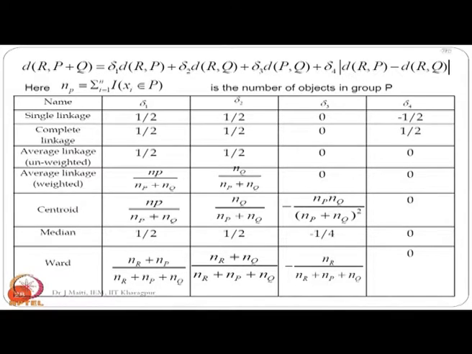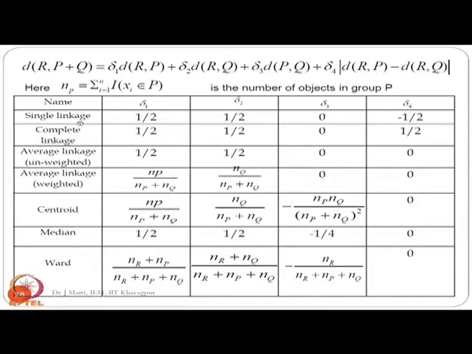Then how do you get the distance between R and the joined P plus Q, which is another cluster? By choosing appropriate delta 1, delta 2, delta 3, delta 4 values, you will be able to apply any of the joining algorithms we have discussed so far.